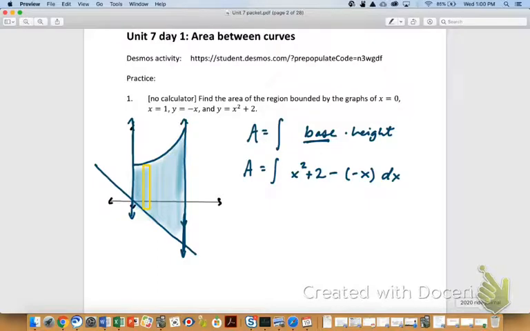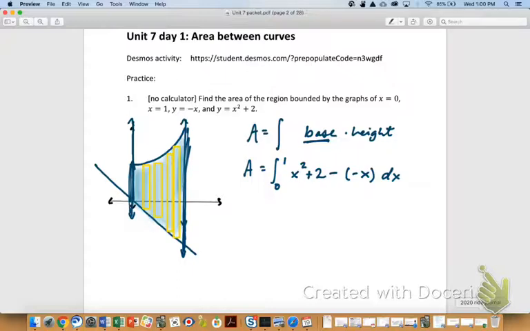So where would I start accumulating? When x is 0, right? That's the left boundary. And where would I stop accumulating area? Isn't that the right boundary over here? So I would stop at 1, and I'd have all these representative rectangles in here potentially. And I would stop accumulating once I bump up against that right boundary.